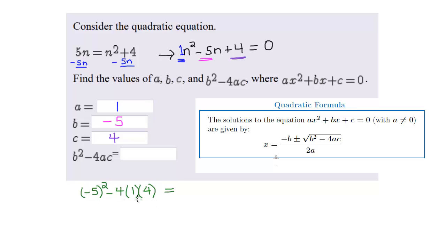And if we work this out using order of operations, we first do negative 5 squared, which is negative 5 times negative 5, or positive 25. And then negative 4 times 1 times 4 simply is negative 4 times 4, which is minus 16. So we have 25 minus 16, which is 9. So the value of b squared minus 4ac for this particular problem is 9.